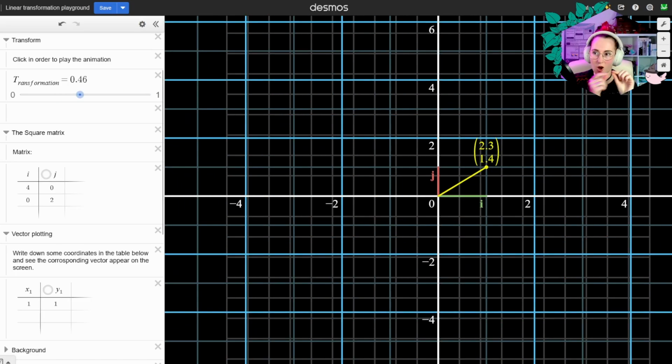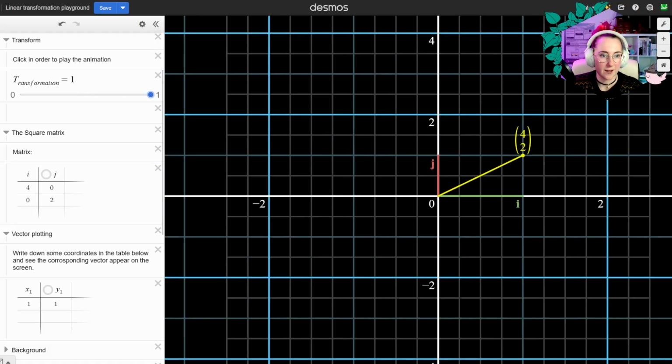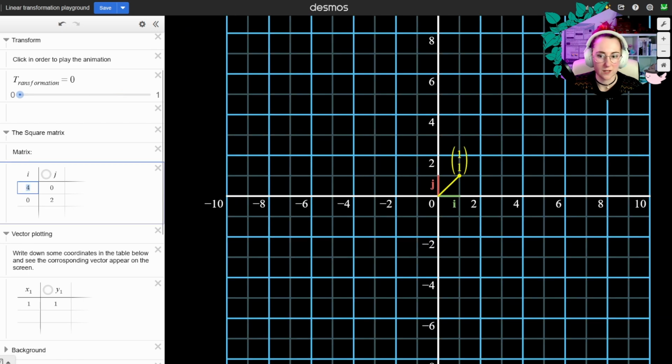It's these opposite diagonals that start introducing any sort of stretching or rotating that we start seeing, whereas here we're just scaling.